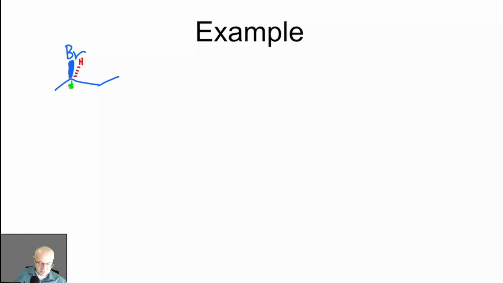Let's assign priority groups. Well, to do that, we jump out one atom. When we do that, we see that it's bromine versus hydrogen versus carbon versus carbon.